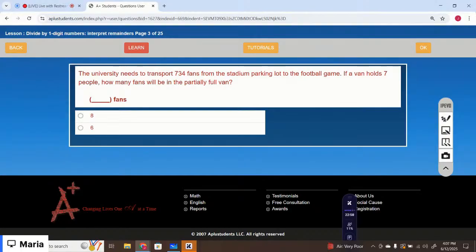The university needs to transport 734 fans from the stadium parking lot to the football game. The van holds 7 people. How many fans will be in the partially full van?